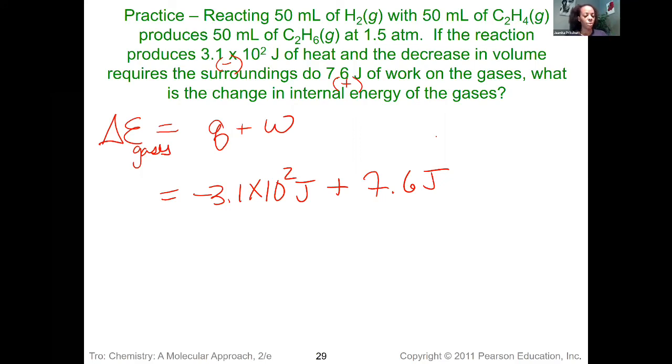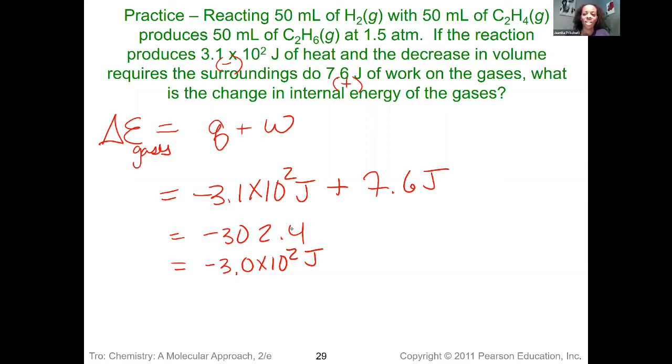So we'll add the two together. Negative 3.1 e to the second plus 7.6. And what we end up getting is negative 302.4, or with proper sig figs, negative 3.0 times 10 to the second joules would be equivalent to the internal energy.